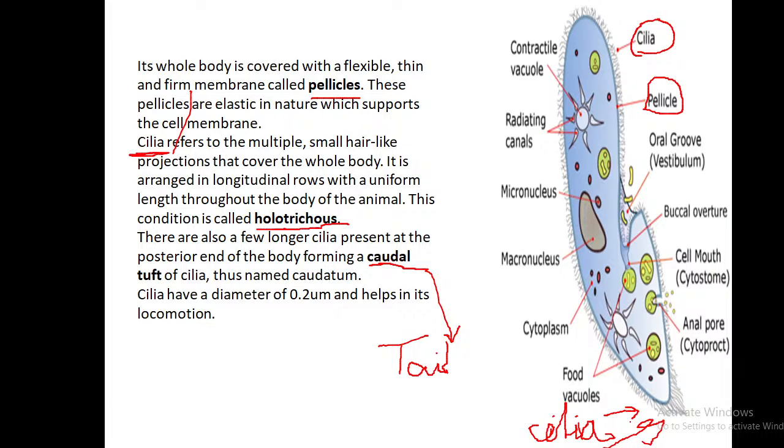The cilia throughout the body of the organism are the same in length, and that condition is called holotrichous. The cilia in the tail-like caudal region are a little longer, so it got the name Paramecium caudatum. That is about the external features of paramecium.